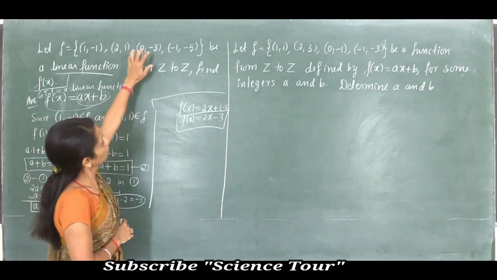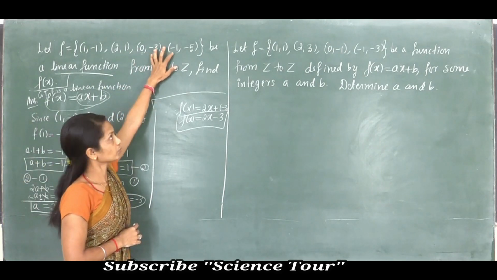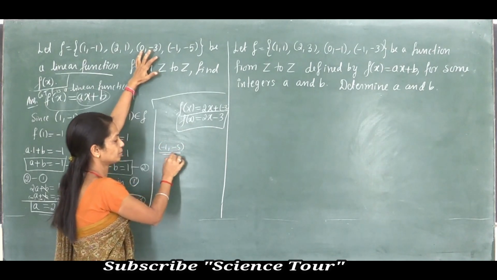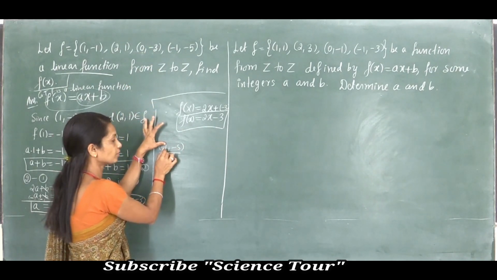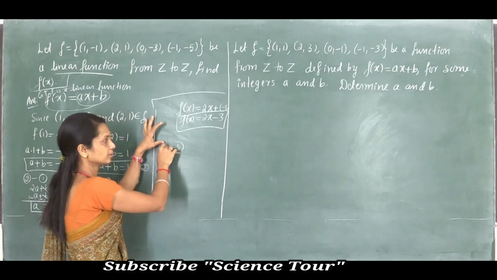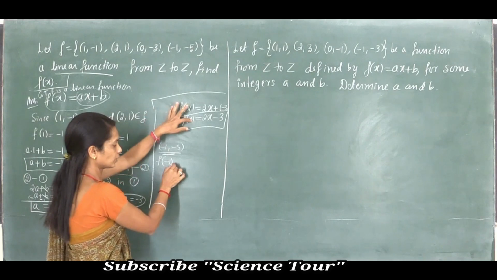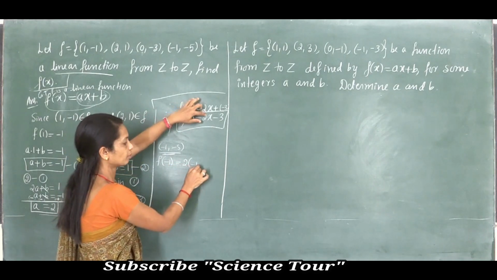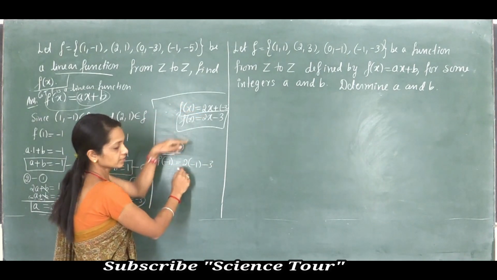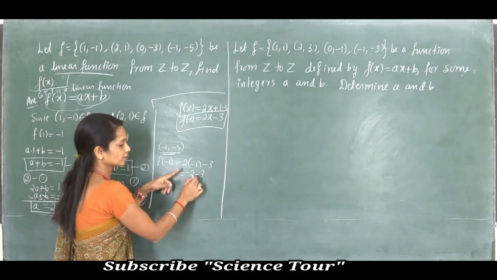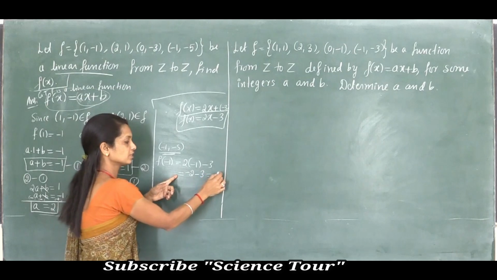Okay, now we take this one, minus 1 comma minus 5. If you take that ordered pair, what is the first element of that? Minus 1. Put that in the x place. So then we get f of minus 1 is equal to 2 into minus 1 minus 3, and simplify this. 2 into minus 1, that is minus 2, then minus 3, that is minus 5.